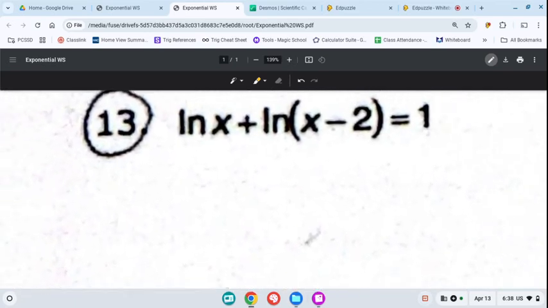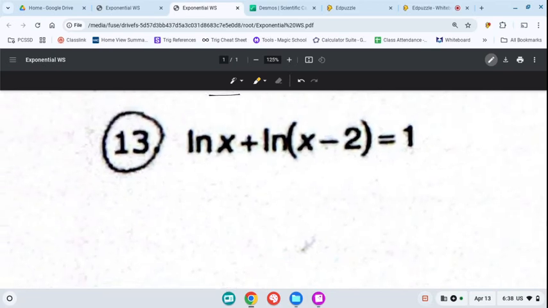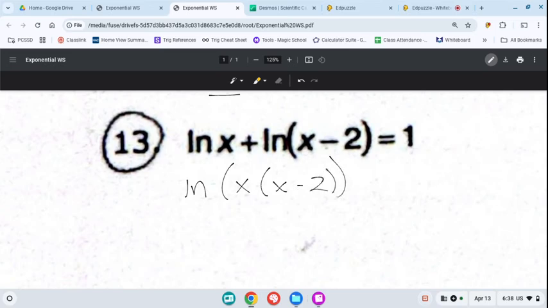All right, this one's your little bonus question. I love it. So I'm going to say a couple rules of logarithms. Anytime we have the natural log of a, in this instance a being x, plus the natural log of b, and in this instance b equals x minus 2, that equals the natural log of a times b.